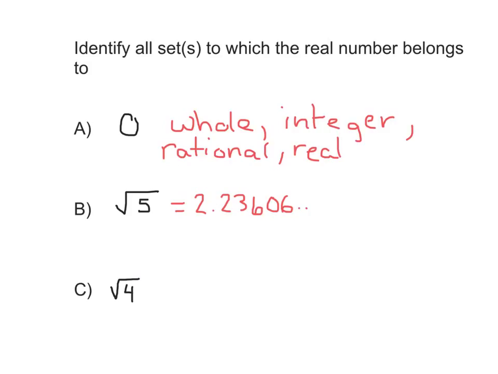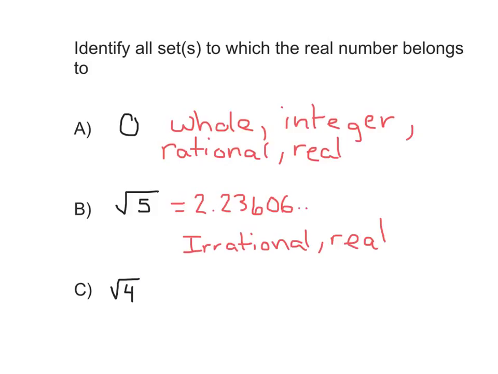Since it's a decimal that goes on forever with no pattern, it's an irrational number. Now since it's an irrational number, nothing goes with it except for the category real, because once again, every number that we give you will be real.